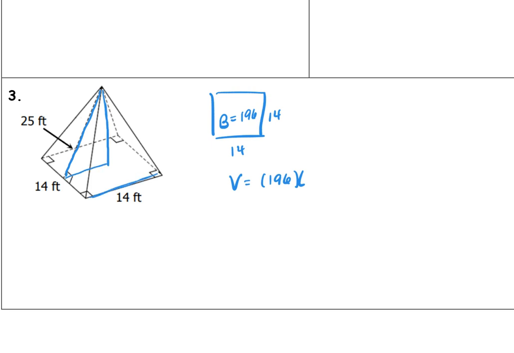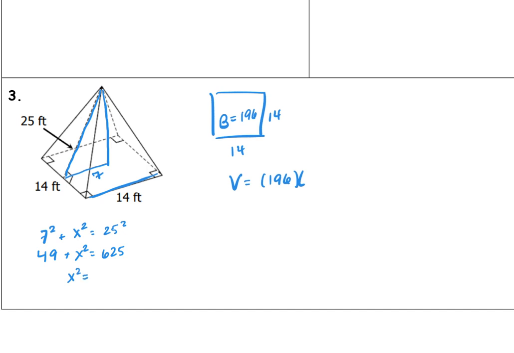The whole thing is 14, which means this part is 7. Now we're going to do the Pythagorean theorem. We're going to have 7 squared plus x squared equals 25 squared. So we get 49 plus x squared equals 625. You're going to subtract your 49 from both sides.